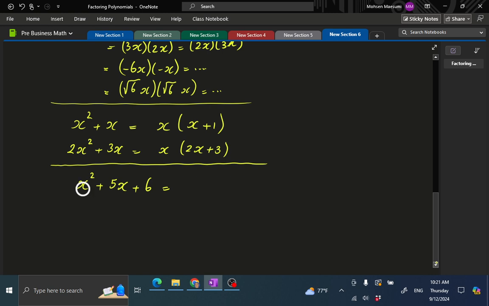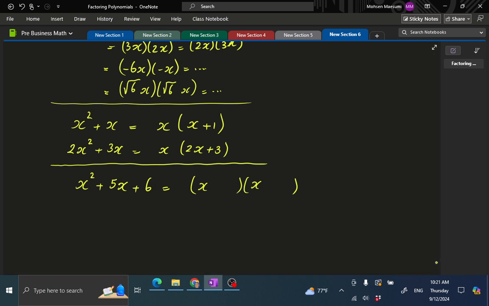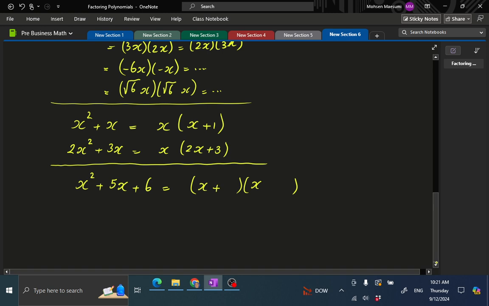So here we say x squared comes from an x and another x. What is left for us to figure out is the number in each of these two parentheses. Given that everything is positive here, I'm adding something and adding something here. So I have a number here and another number here.